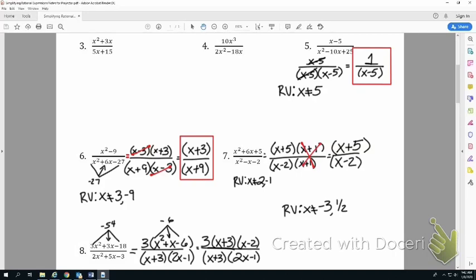X plus 3. So I'm left with 3 times x minus 2 over 2x minus 1. There's the answer.